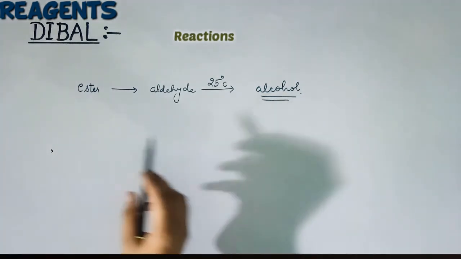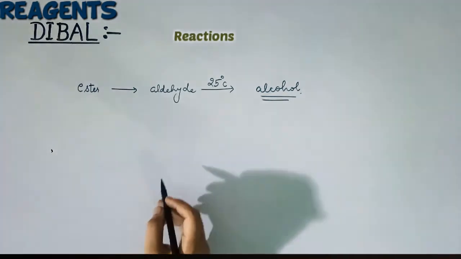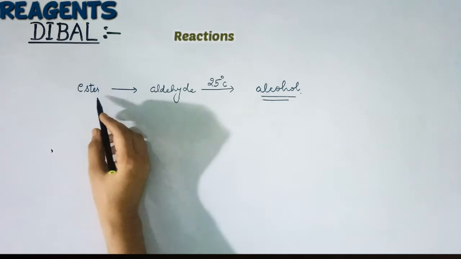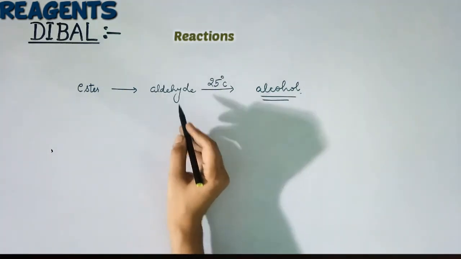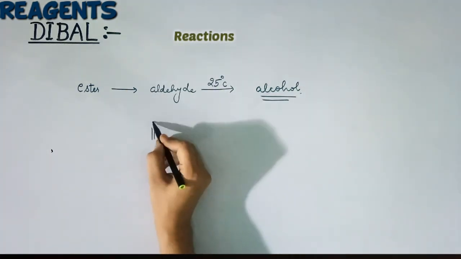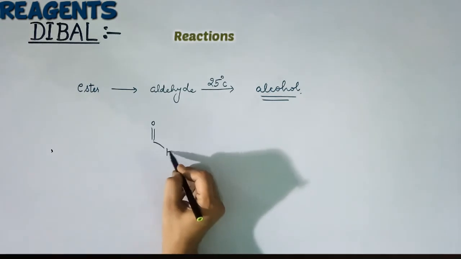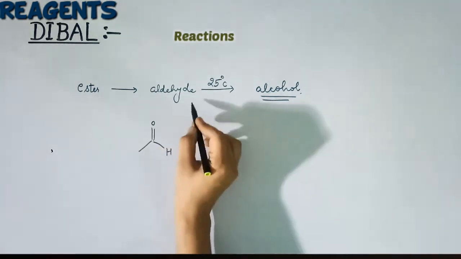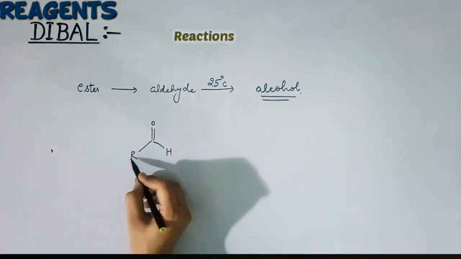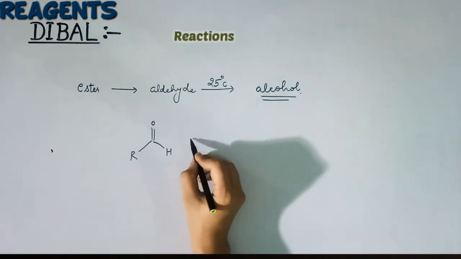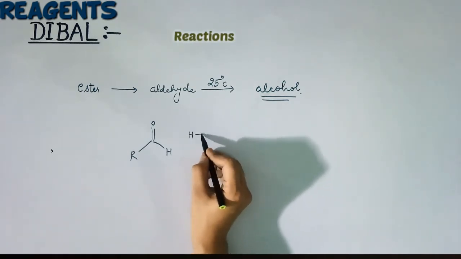So let us see what is happening. You have an ester, so it will convert into an aldehyde, and the further reaction is here, because up to this you have seen in the earlier reaction. So here is the DIBAL.